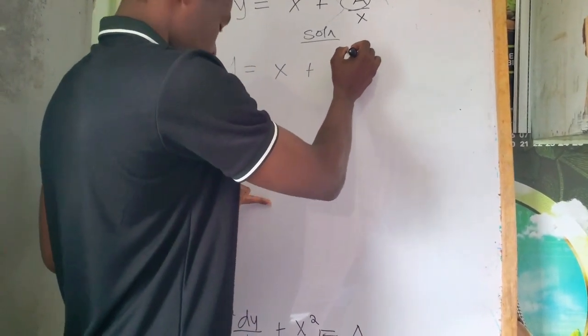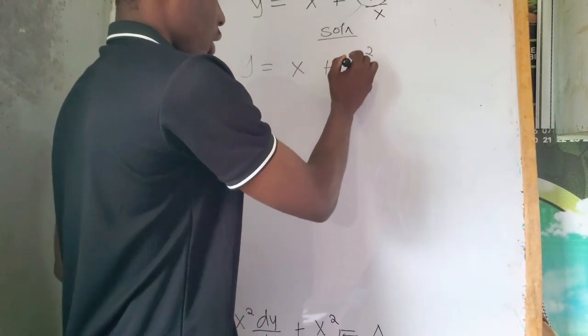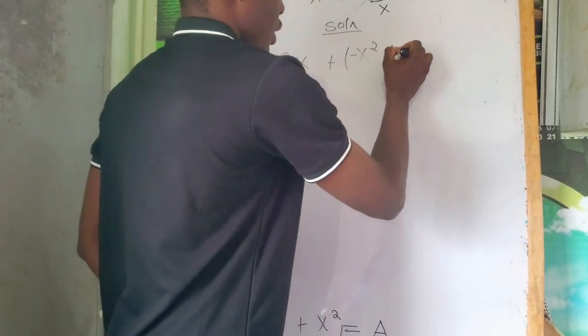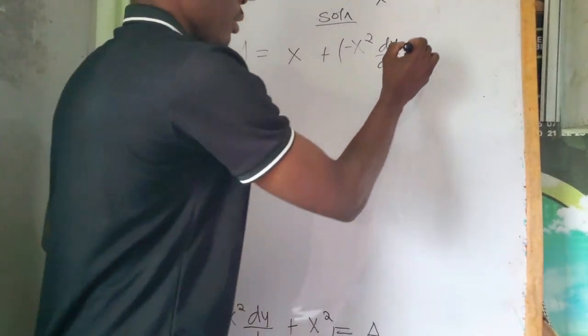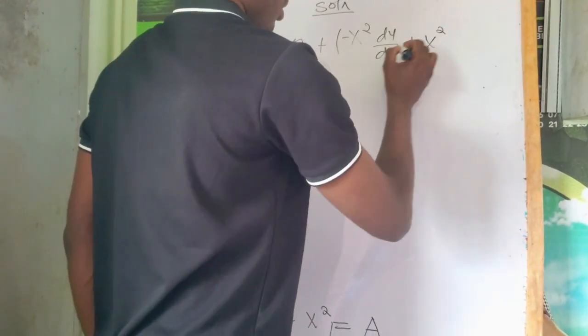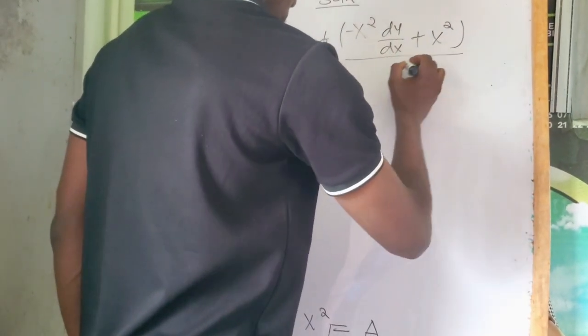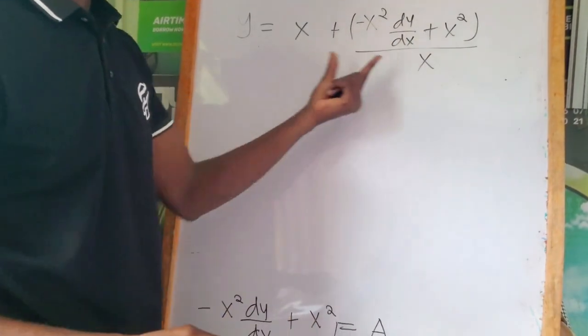I say that this is equal to x squared, this is minus x squared dy/dx plus x squared divided by x.